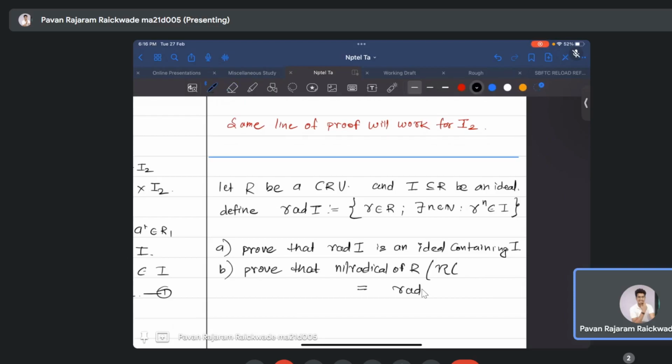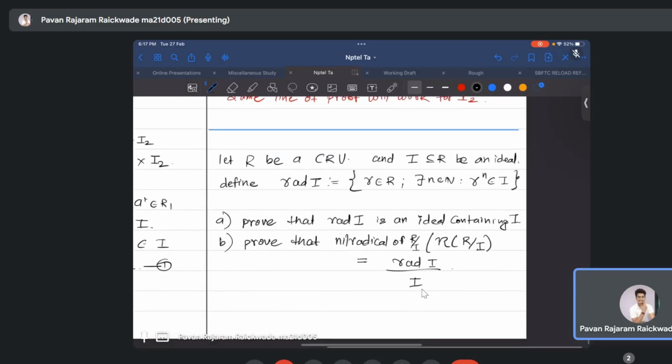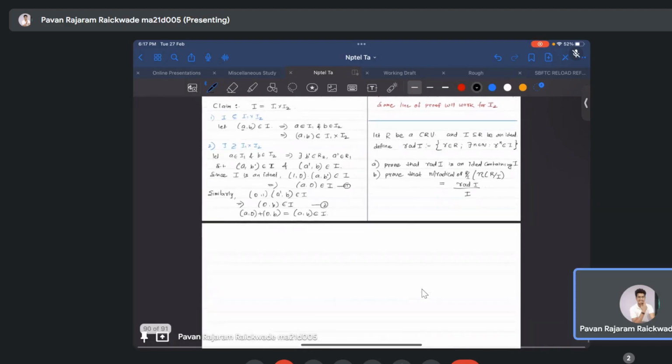So like this, the nil radical of R quotient I is the same as rad I upon I. Okay, so we have to show these things.